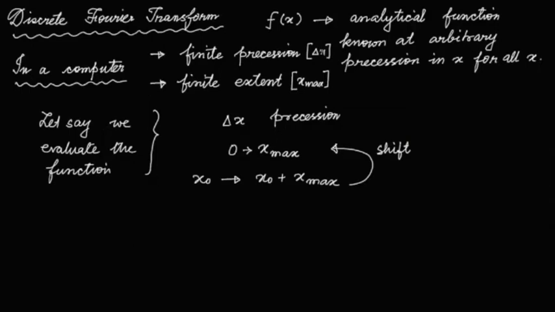Okay, so there comes the importance of the shift theorem, that you can fold the function back to 0 to x max if you know it between x0 and x0 plus x max. What this will give rise to is a finite number of samples in the function. So finite sampling.